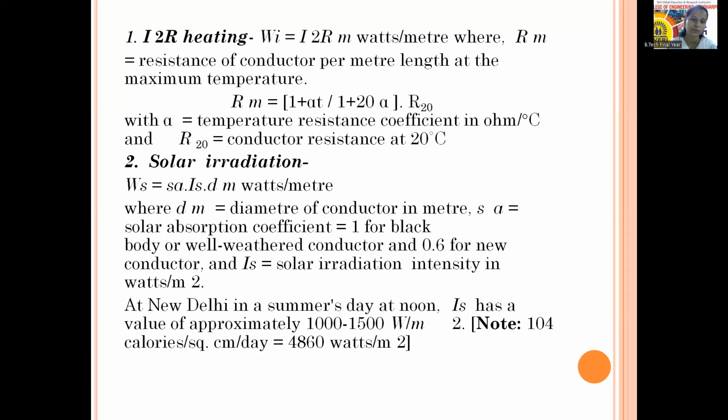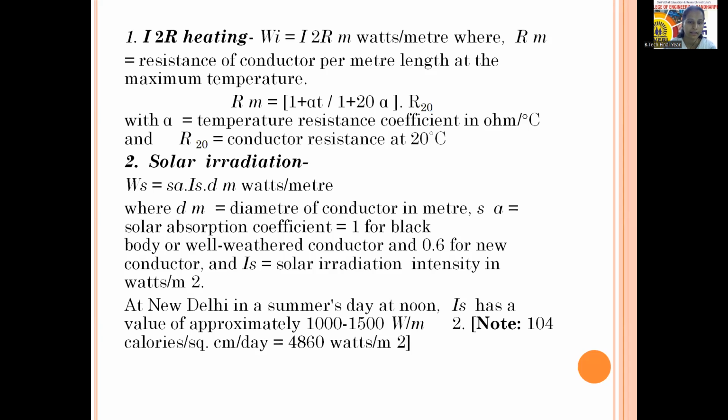As per the given example, we have to take this coefficient. If in some example they have taken a new conductor, you put 0.6, and for a black body or well weathered conductor, you put 1.